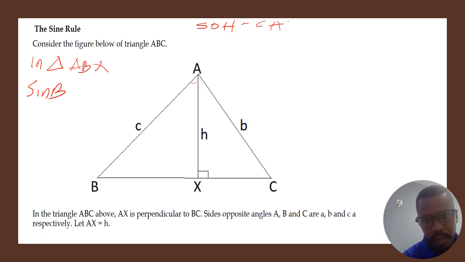So we are going to use SOHCAHTOA to derive this sine rule. So this angle sine B will be equal to opposite over hypotenuse. In this case, opposite is h, and our hypotenuse is c.